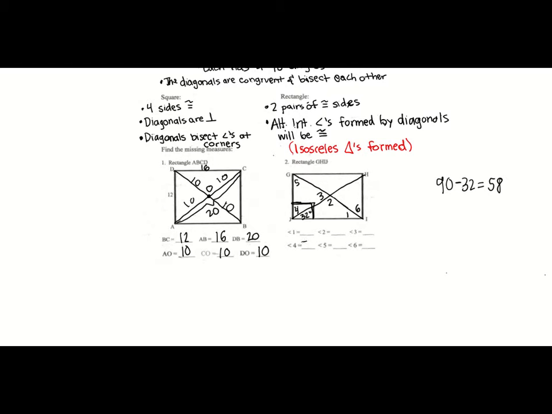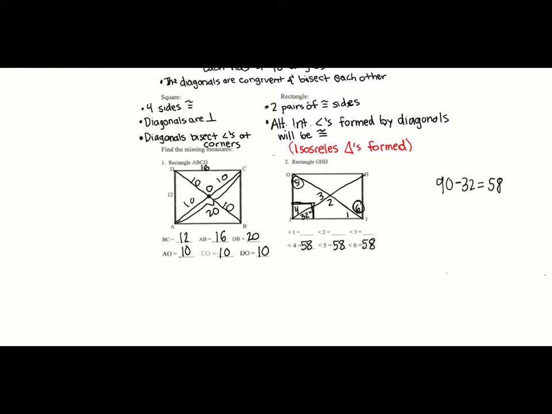So that makes angle 4 58 degrees. Now we know that angle 4 and angle 5 are going to be the same because this is one of our isosceles triangles. So angle 5 is also going to be 58. And then we also know that 5 and 6 here are alternate interior angles, so 6 will also be 58.